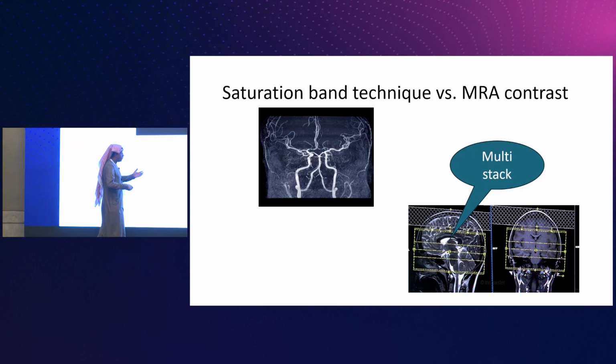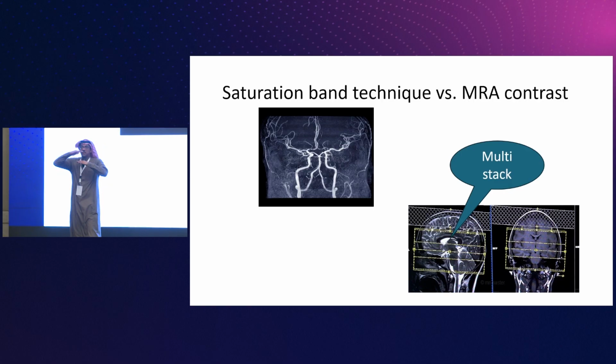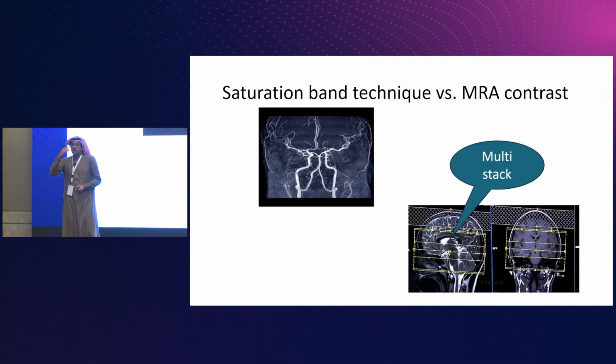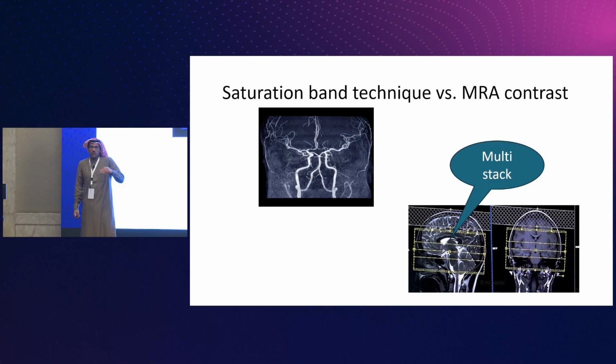Okay. But why multi-stack? Why don't we just do it in one stack? Okay, let us assume that now radiologists ask you to do more coverage. You will add stack or you will add slices.